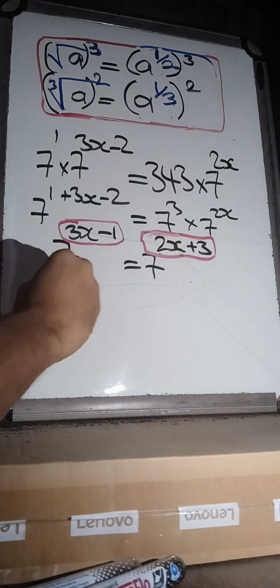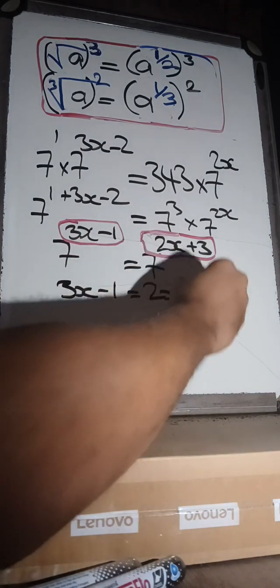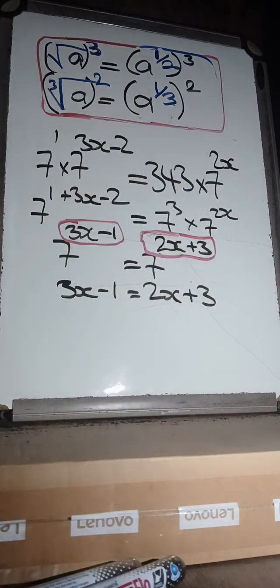Now we'll have 3x minus 1 equals 2x plus 3. And then we do what we need to do.